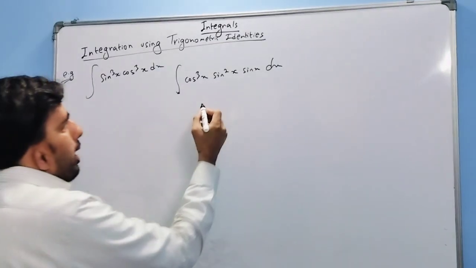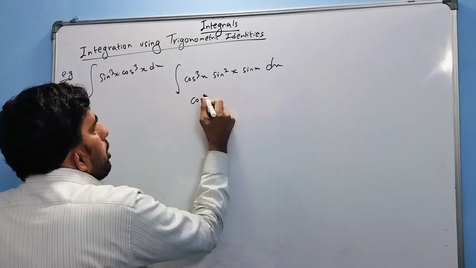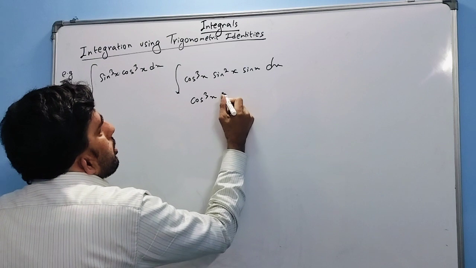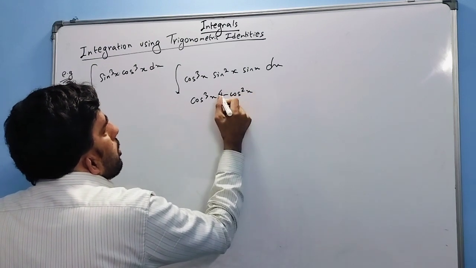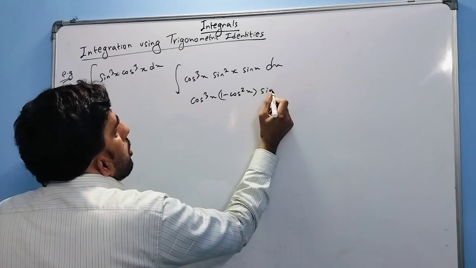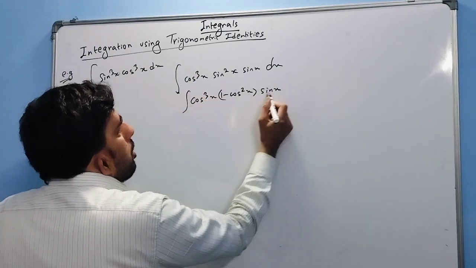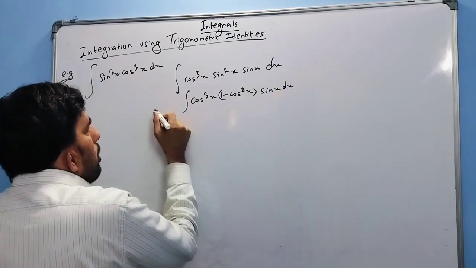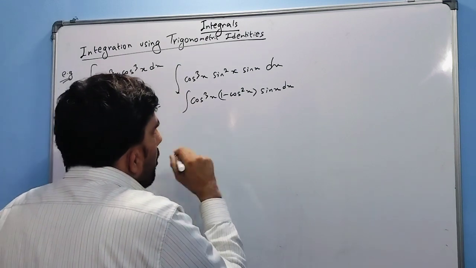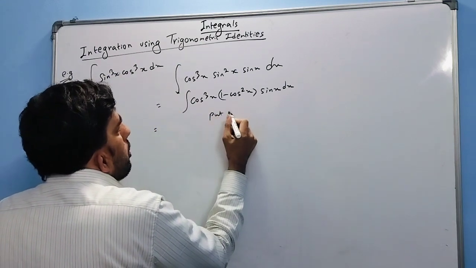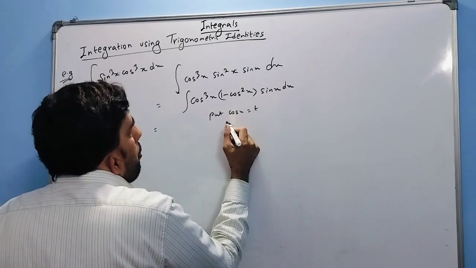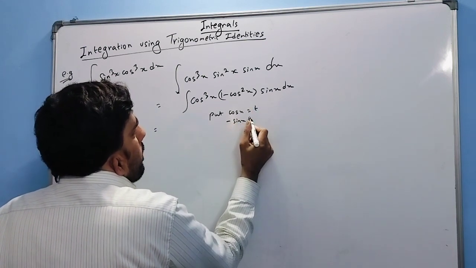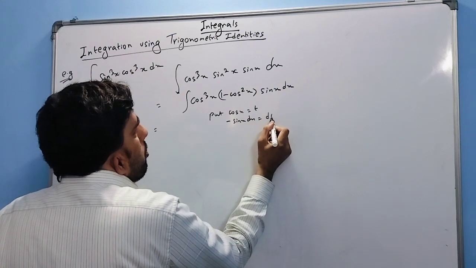Now I can write sine square x as 1 minus cos square x, into sin x dx. Now what we can do, put cos x is equal to t, so that minus sin x dx is equal to dt.